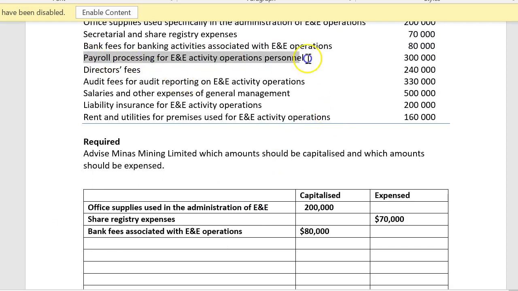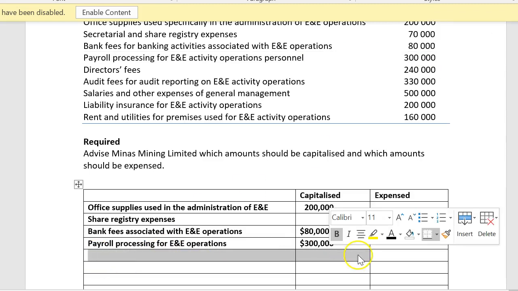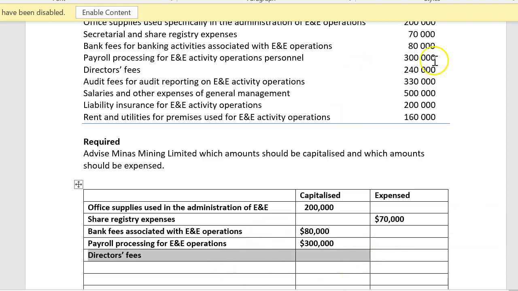Payroll processing for E&E activities must be capitalized as well. Payroll processing for E&E activity operational personnel, 300,000, must be capitalized since they're part of E&E. Directors' fees are not part of E&E, which means must be expensed.